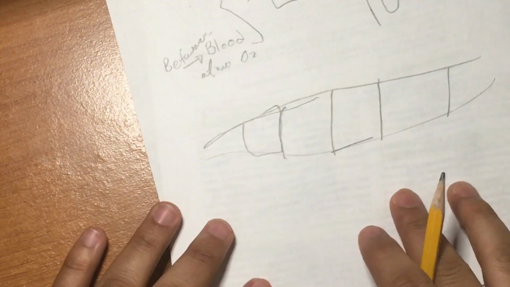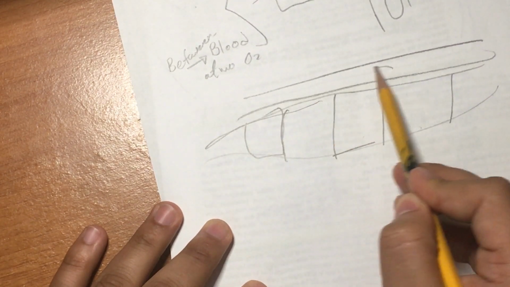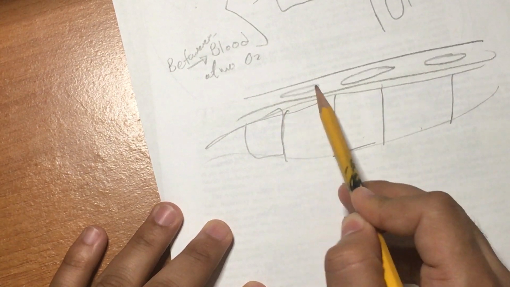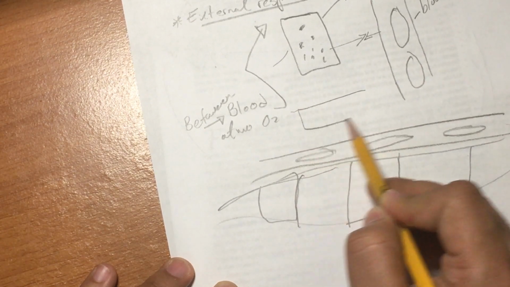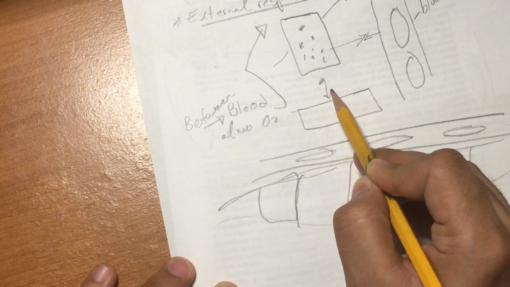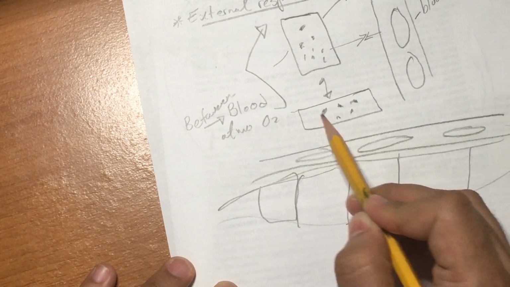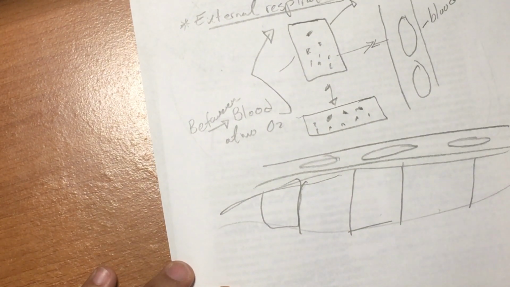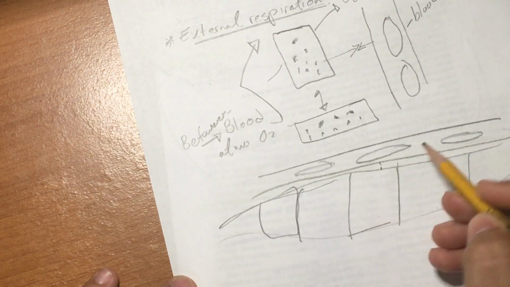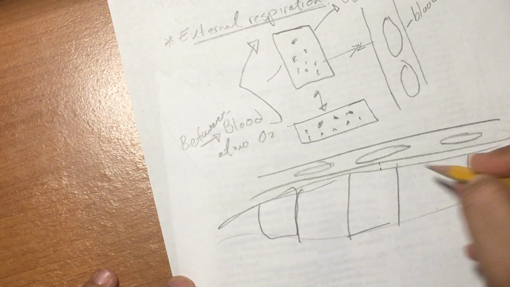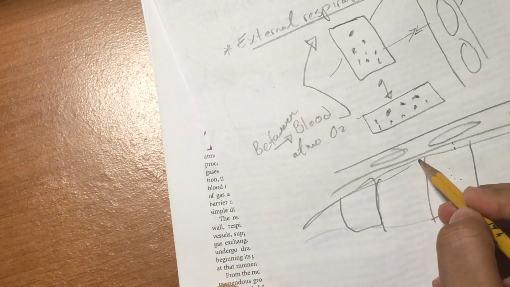Let's pretend that this is the cells in your body, and this is the blood vessel. So, this is the atmosphere. This right here is the gas that I was saying. Correct? So here, between blood vessel and the tissue cell is called internal respiration.